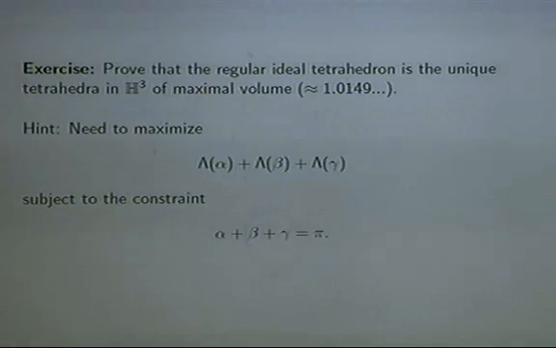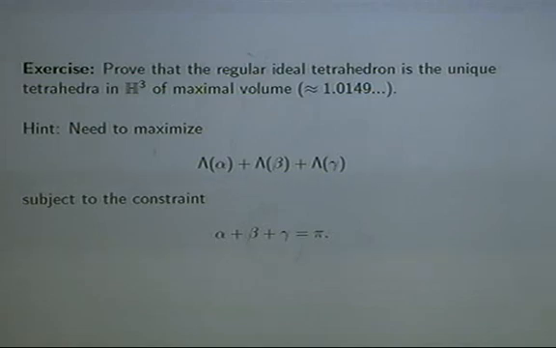Now at this stage, one thing you can prove easily, you could find, what's the maximum possible volume for a tetrahedron in hyperbolic space? So let's allow finite vertices or possibly vertices on the sphere at infinity. So those will have finite volume.